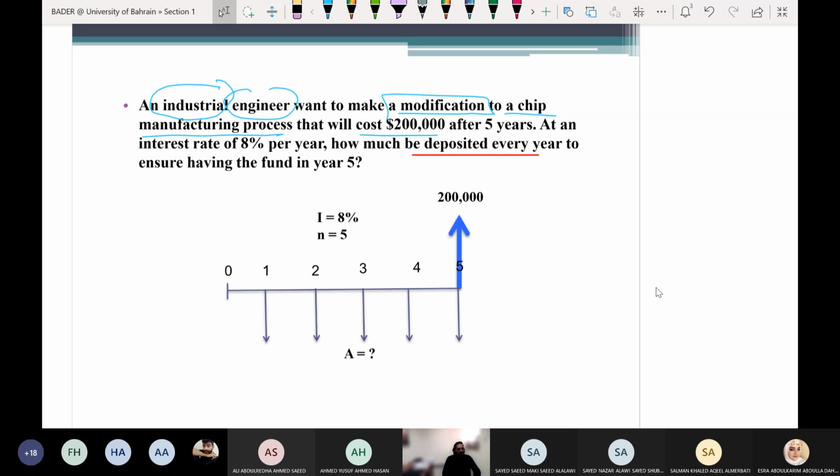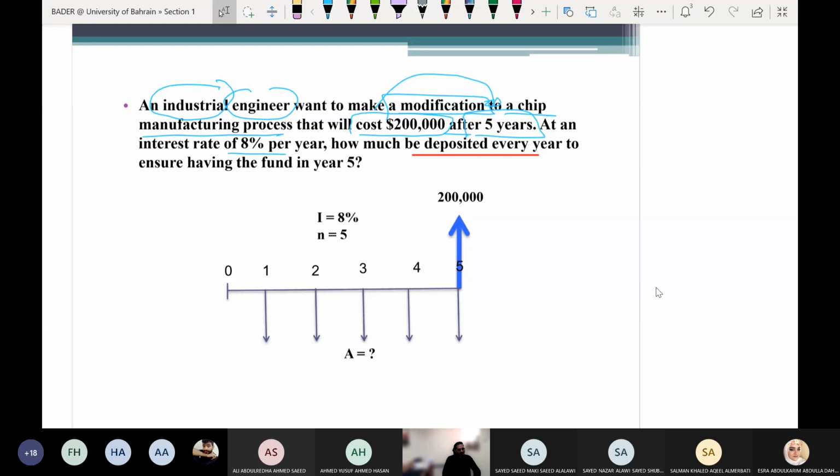Now that will cost 200, and after 5 years, that means this 200 reflects the 5 years, that means at the end.